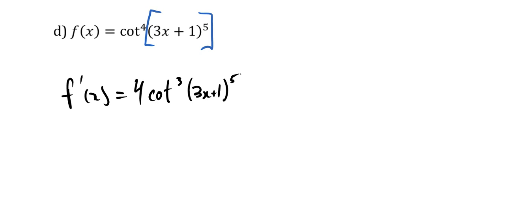So we got this part to start. This is just the exponent: 4 cotangent cubed times the same angle. And now the derivative of cotangent, just in general, not the whole part, is negative cosecant squared.